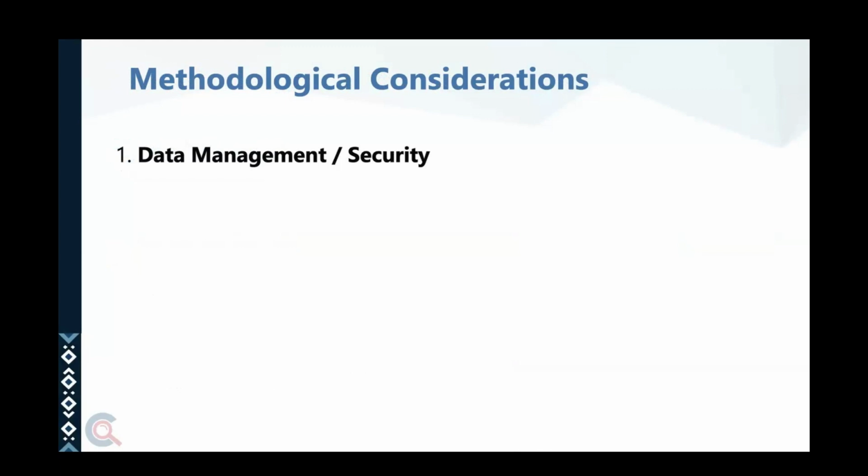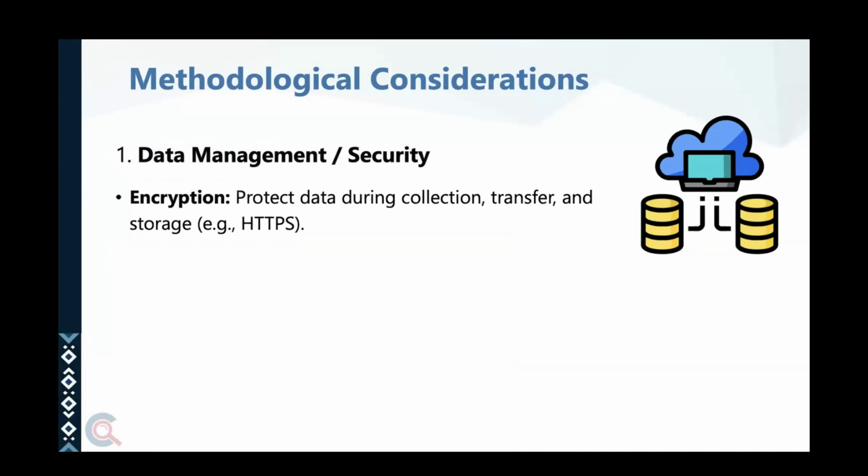The first will be data management and security. There's a lot of concerns around this. And the first, which I think is very critical, and we'll see aspects of it again in the ethical considerations part of this talk, is encryption.